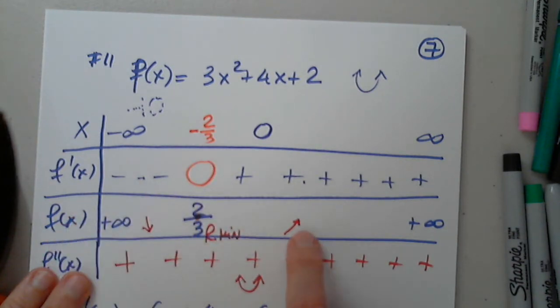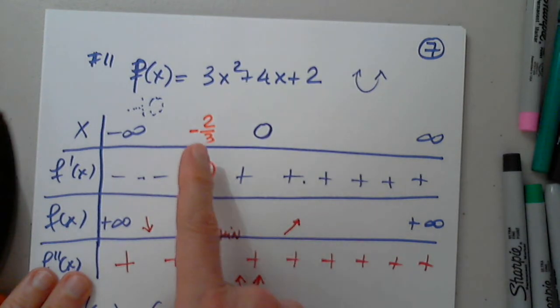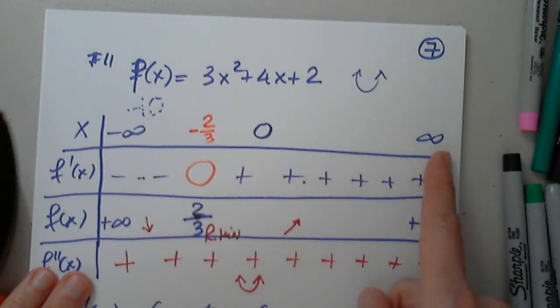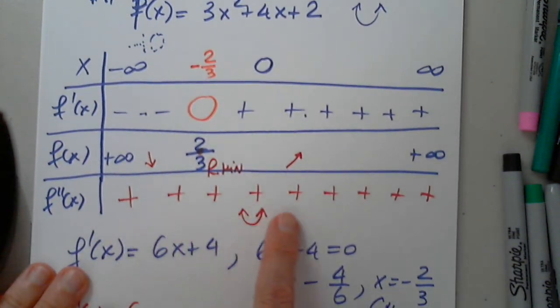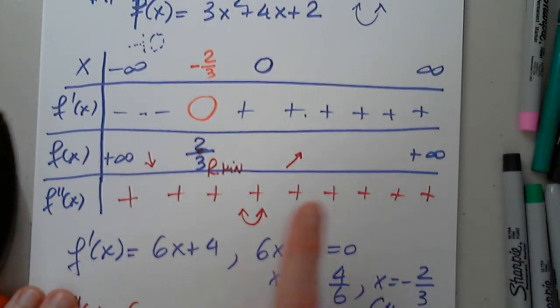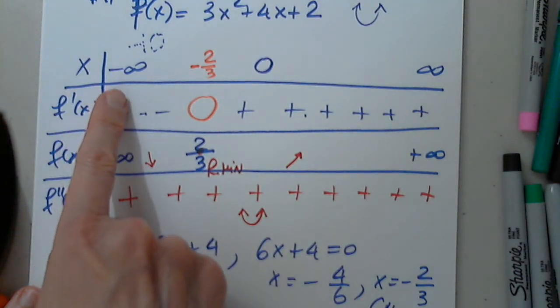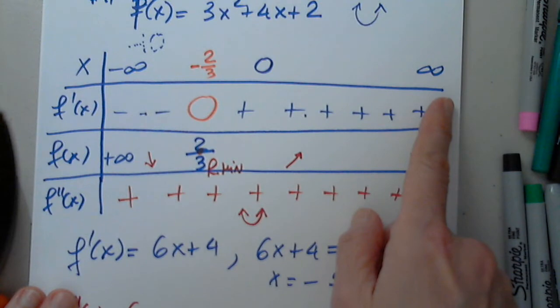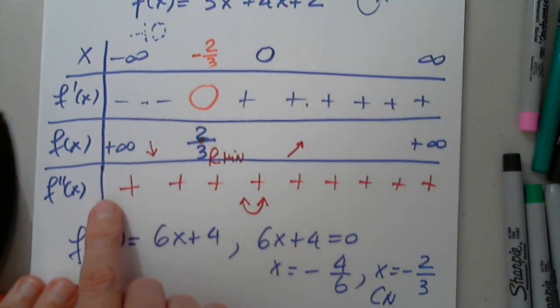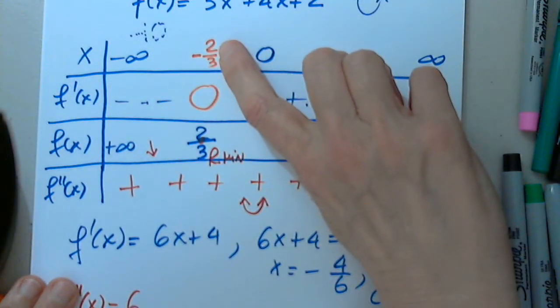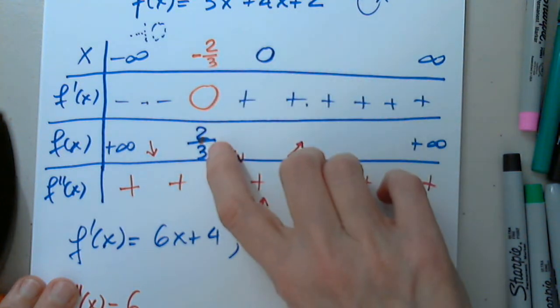The function is increasing for x between negative 2/3 and infinity. The function does not have an inflection point. The function is always concave upward on all its domain from negative infinity to infinity. The function has a relative minimum, and the point is negative 2/3, 2/3.